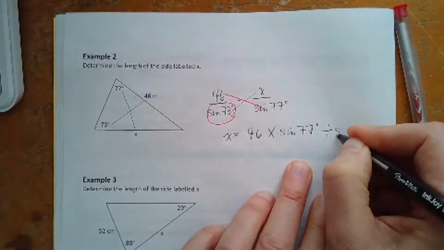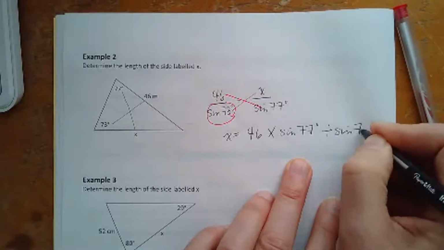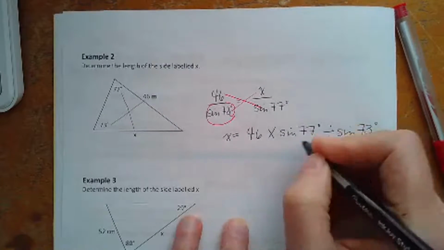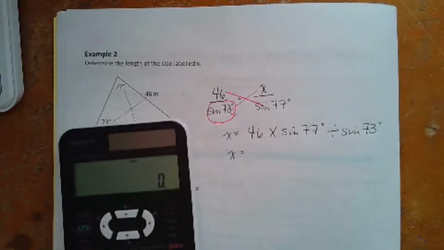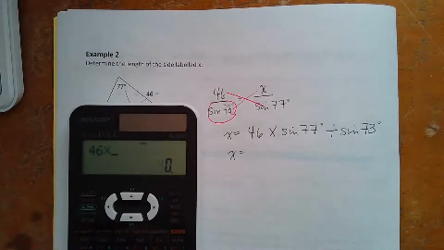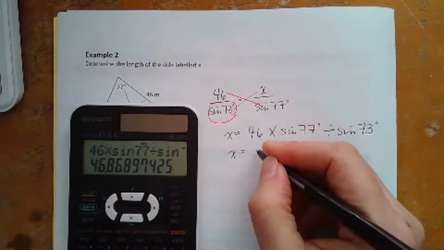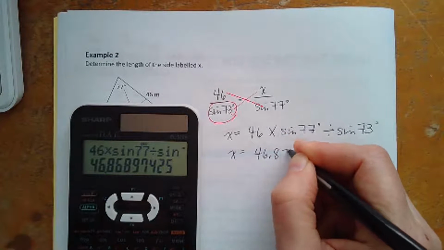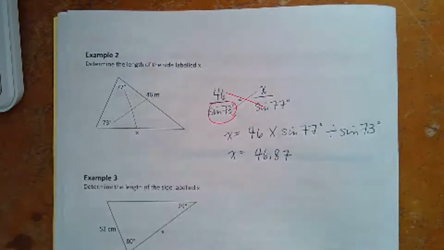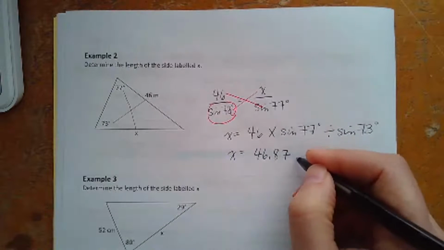Divided by sine 73. And, okay, 46 times sine 77 divided by sine 73 equals 46.87, if I'm rounding to 2 decimals, meters.